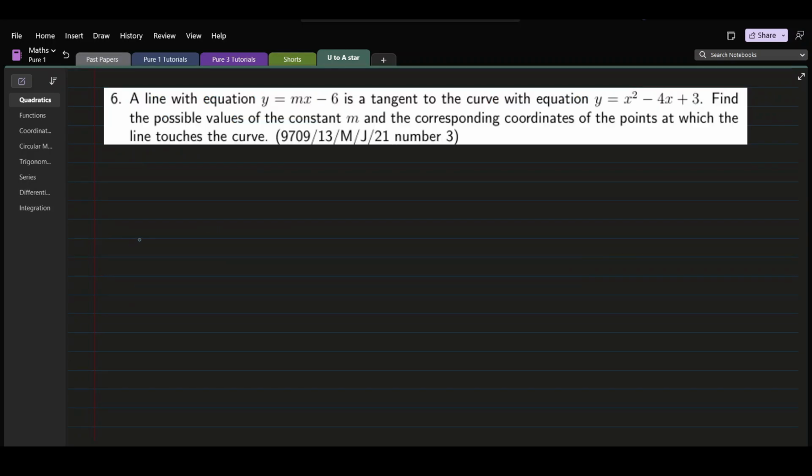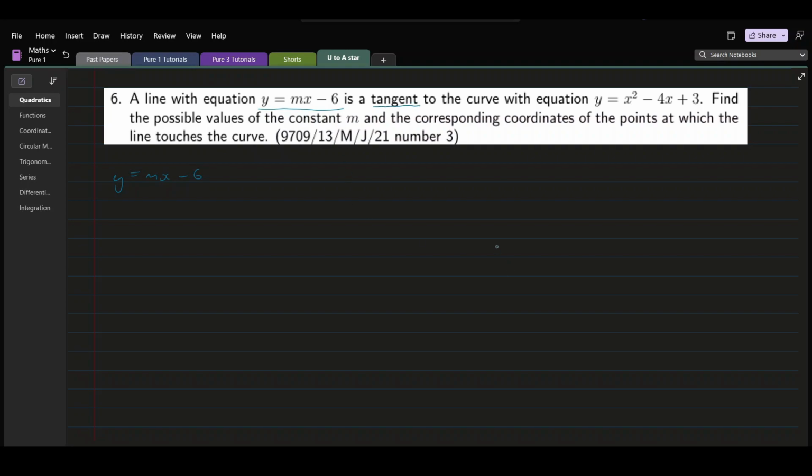A line with equation y equals mx minus 6 is a tangent to the curve with equation y equals x squared minus 4x plus 3. Find the possible values of the constant m and the corresponding coordinates of the points at which the line touches the curve. Okay, so we're given a line with equation y equals mx minus 6, and we're told that this is tangent.